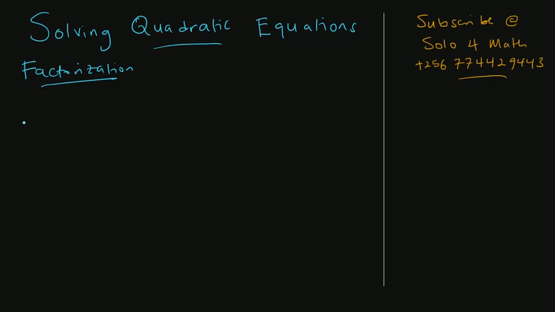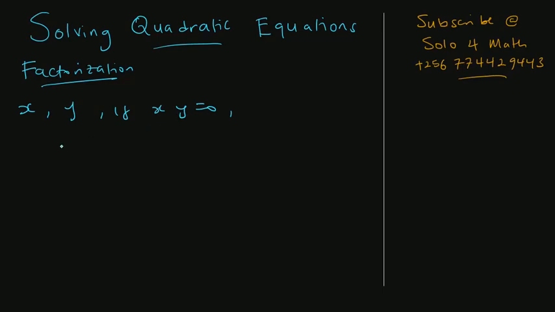You can watch the lessons about the quadratic expressions and factorization if you didn't watch them, and they will guide you about everything. So if you have two numbers, for example x and y, and if xy equals 0, then what do we get from this expression?